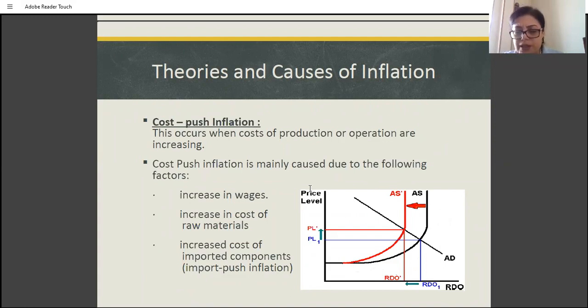That's why the price level moves from PL1 to PL2. I mean, PL1 is at the blue colored level. It's lower than the new increased price level PL2 in red color. So this is briefly the content of the cost push inflation theory.